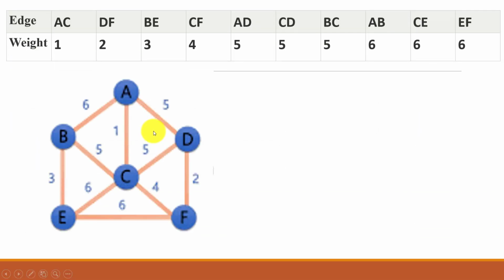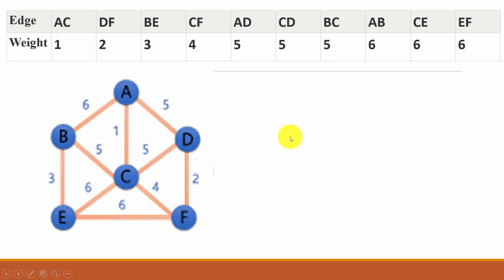So we are going to sort these in ascending order. I'm going to select first AC as 1, DF 2, then BE is the 3 and CF having the weight 4. Now after that 5, that is AD, CD and BC. Now you can write it in any order, and AB, CE, EF having the weight 6. You can write them in any order.